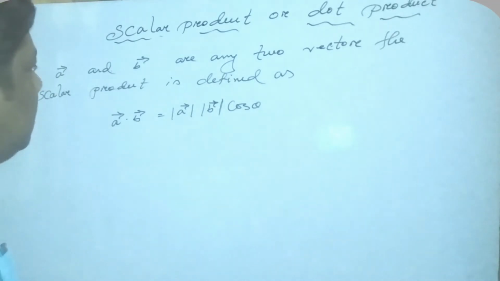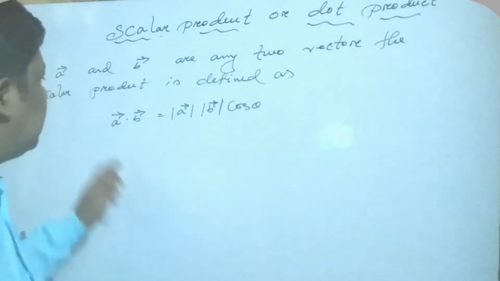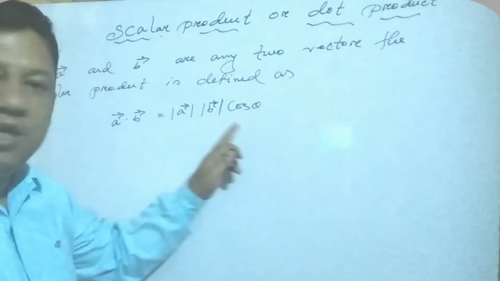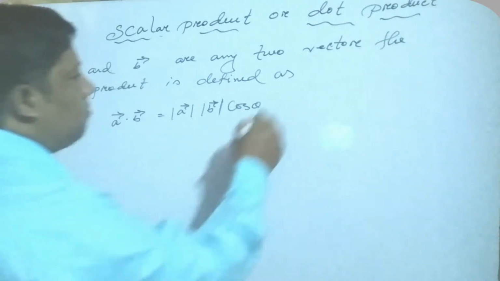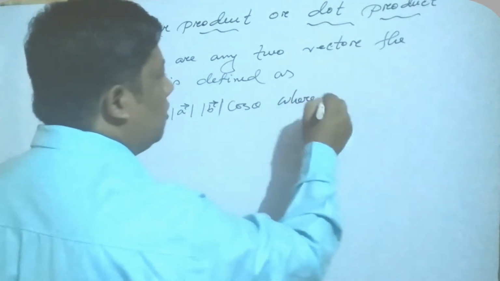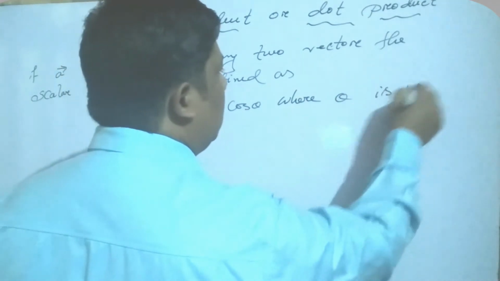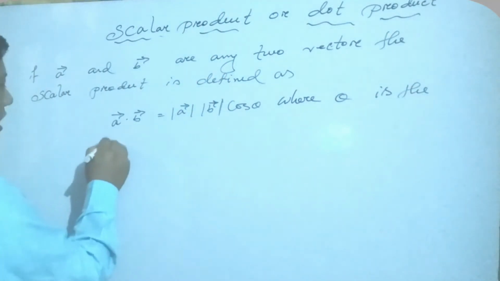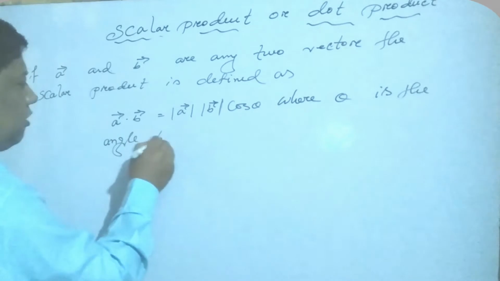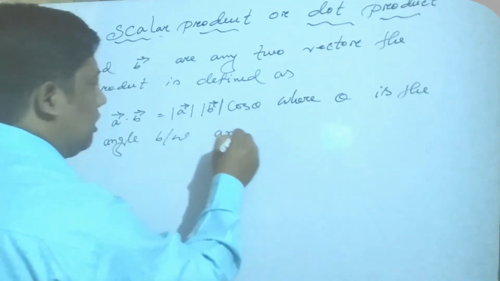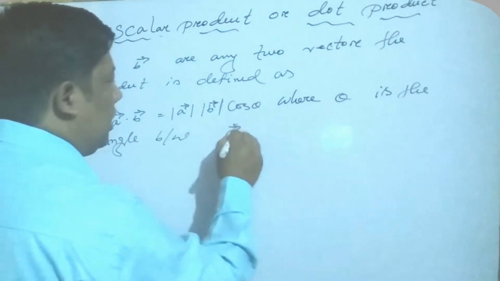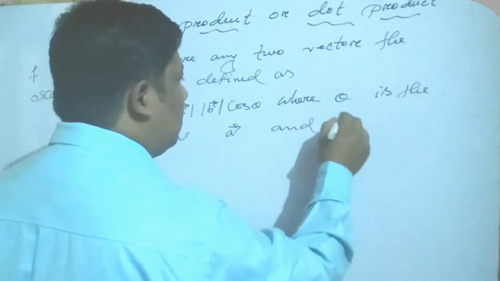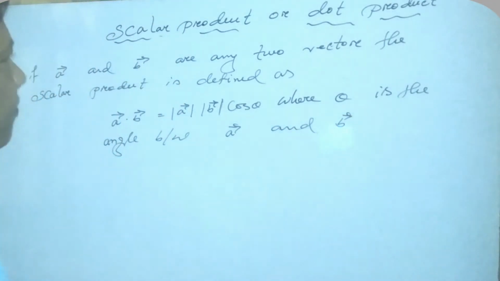Look my students, dot product is defined as A dot B equal to mod of A mod of B cos theta, where theta is the angle between A and B. So my students, look here.